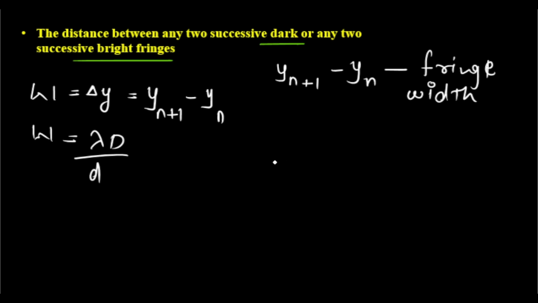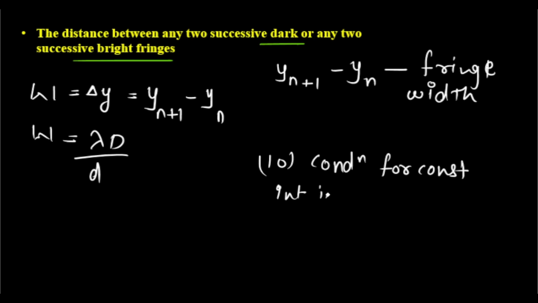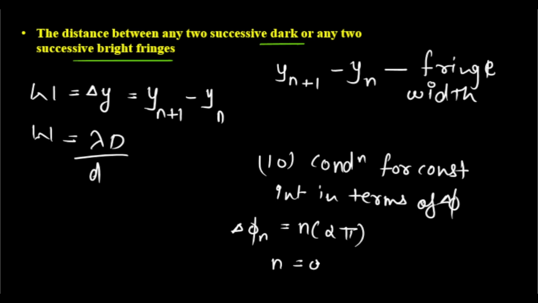Now, the condition for constructive interference in terms of phase difference, that is phi. Change in phi n is equal to n into 2 pi, where n is 0, plus minus 1, plus minus 2, and so on.